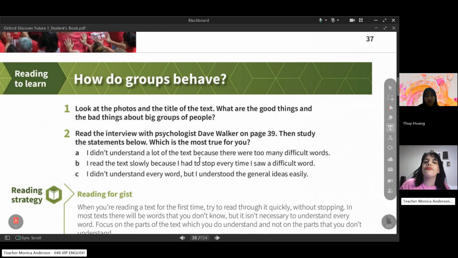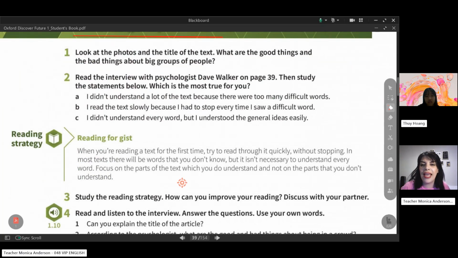For example, when I read a text and I see the title, I can understand, okay, this is about people's behaviors, or this is about food. So the title normally shows what the text is about, okay?